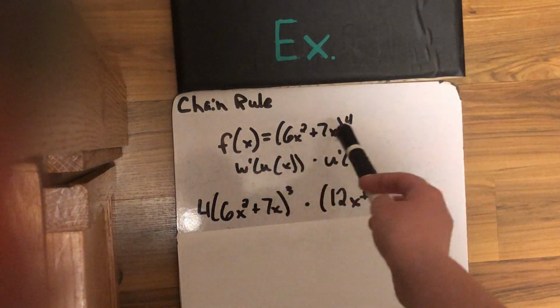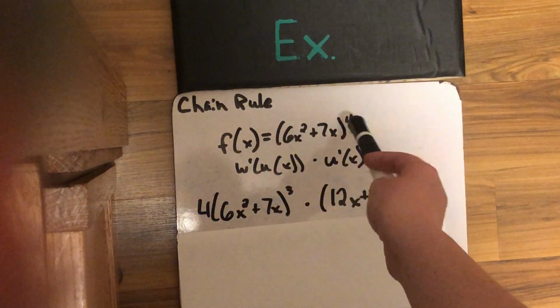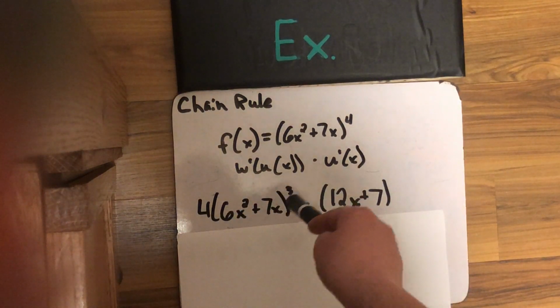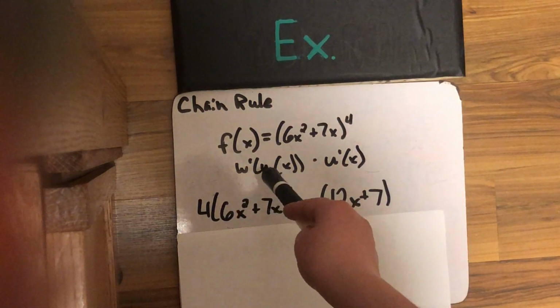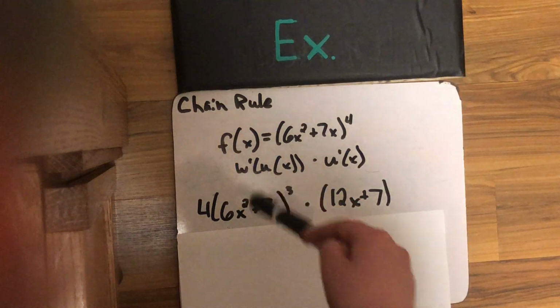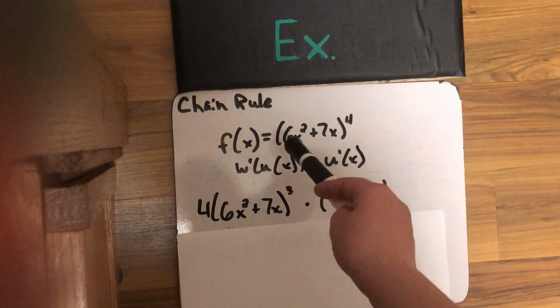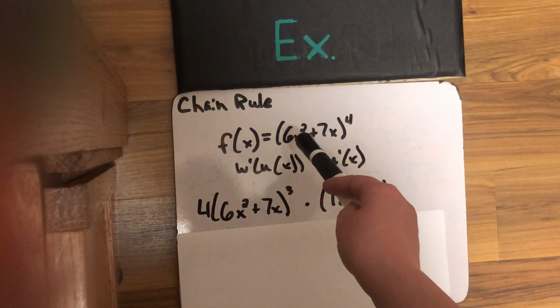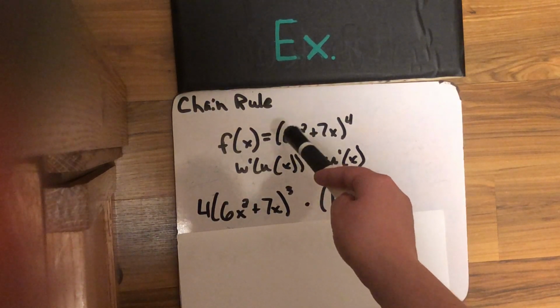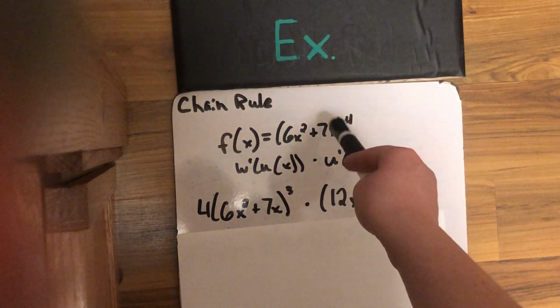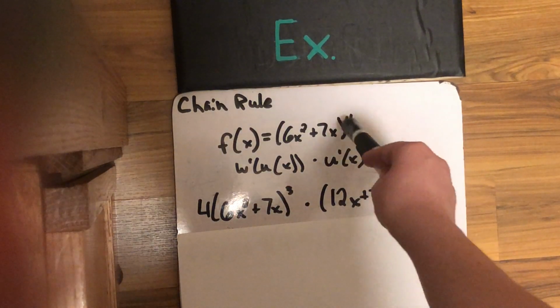So for w prime, you'd have to multiply it times 4 and subtract 1 from the exponent, which gives us our 4 in front, 3 in the exponent, keeping the same in here because u is not prime, it's just a regular u, times u prime, and u prime is 2 times 6, which is 12, subtracting 1 from the exponent, which is just 1, so 12x right here. And then right here, it's like a 1 in our exponent, even though we don't write it in, but there is a 1 there.